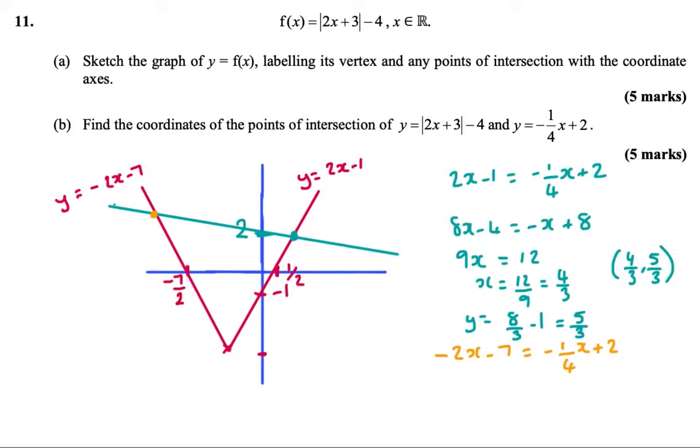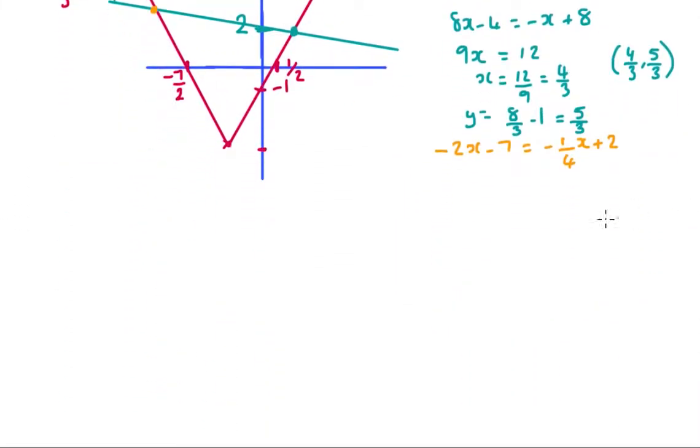Let's do the yellow one. Same thing as before, times by 4, so that's going to be minus 8x minus 28 equals minus x plus 8. Move the x to this side is now going to make minus 7x. Move the 28 to this side is going to give me positive 36. So x is going to be negative 36 over 7. That doesn't cancel down.